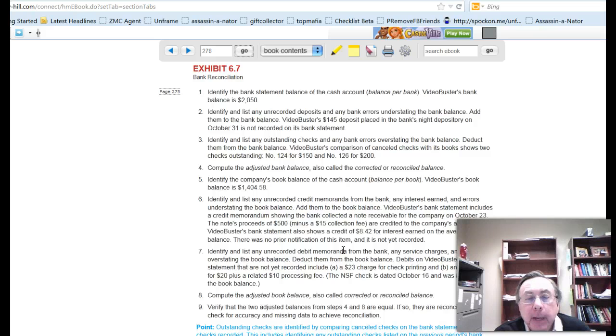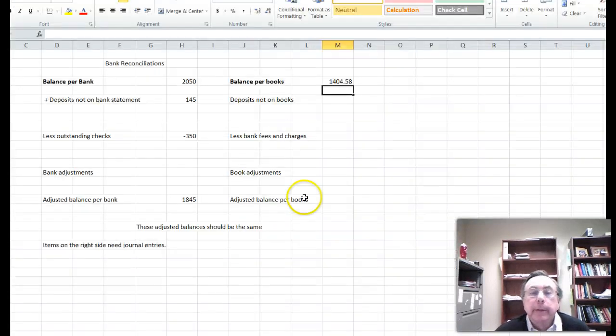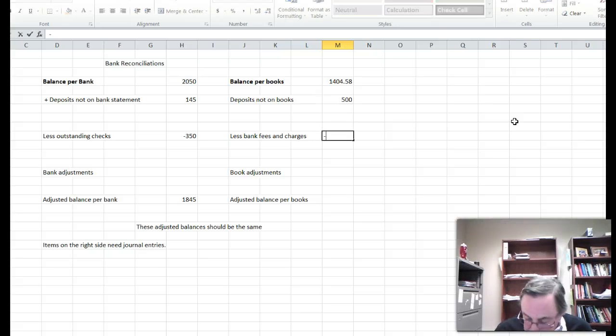On the average cash balance, there's no prior notification of this item, and it's not recorded on our books. So we get to pick that up here. We've got 3 things: the $500 note receivable the bank collected, plus a $15 fee. Oh, we had some interest earned of $8.42.